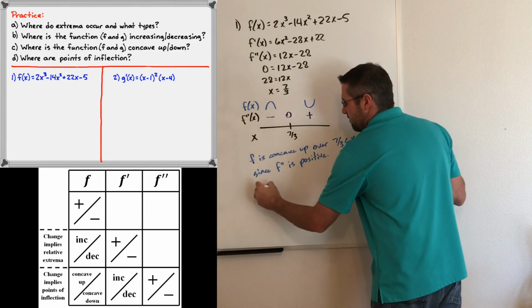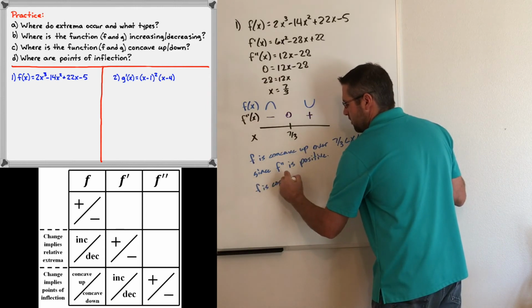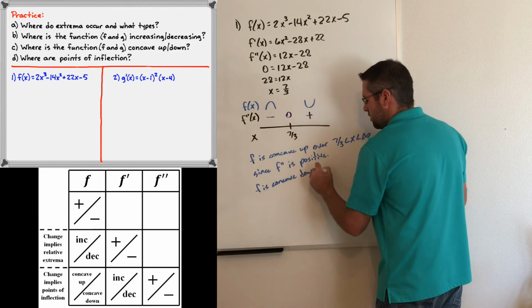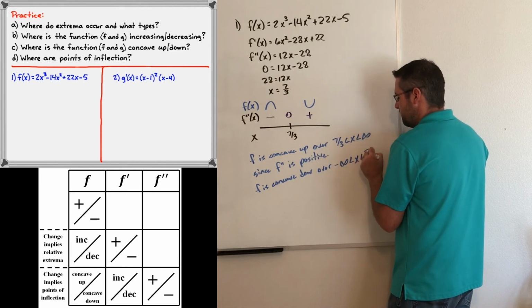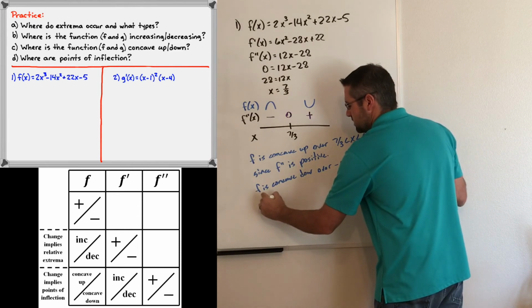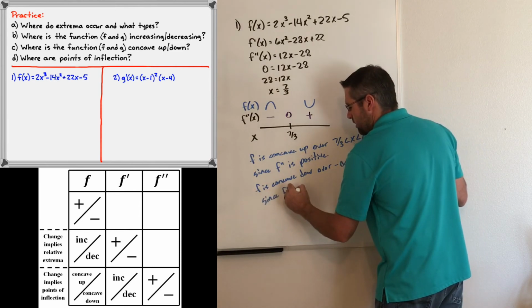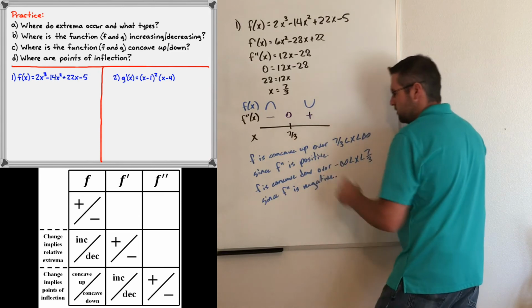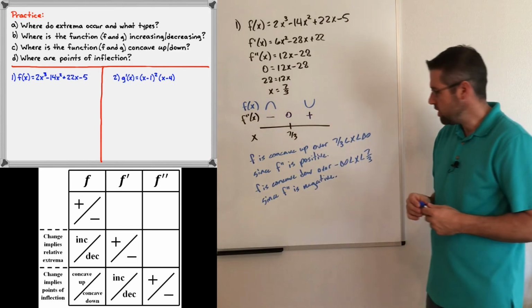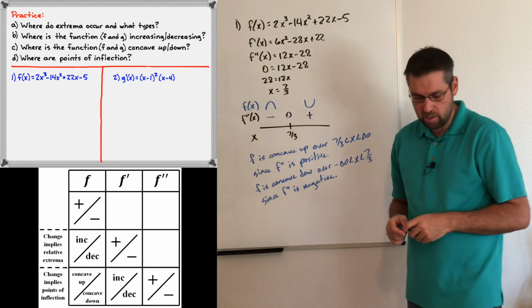And then we'd say f is concave down over negative infinity less than x less than 7/3, since f double prime is negative. Okay, so we've answered question C there. We know where f is concave up and concave down.